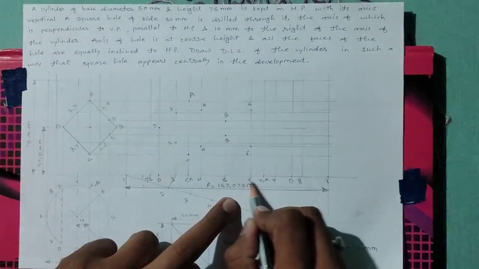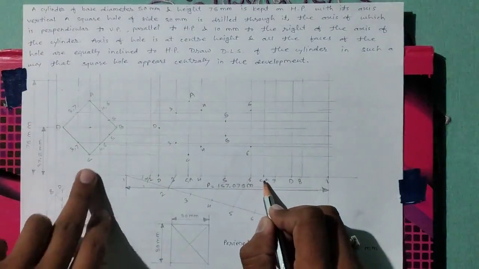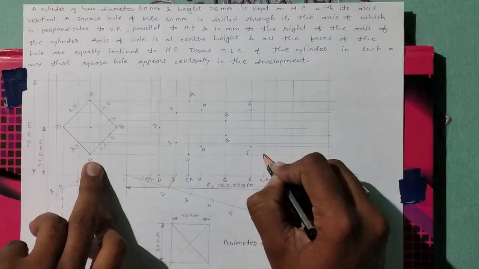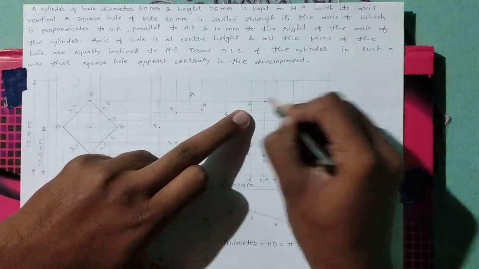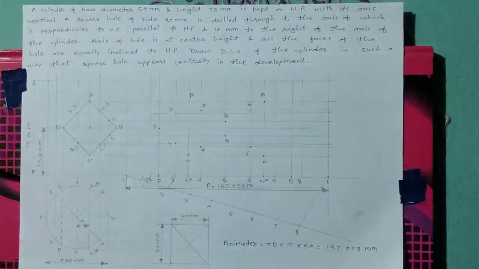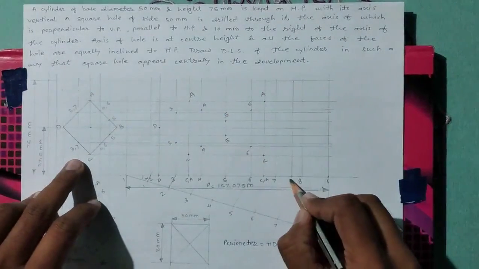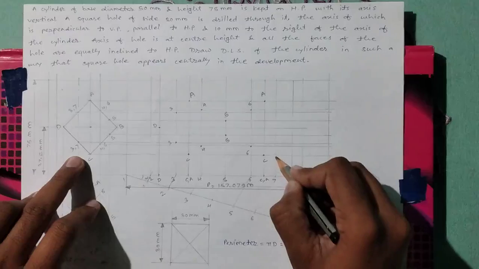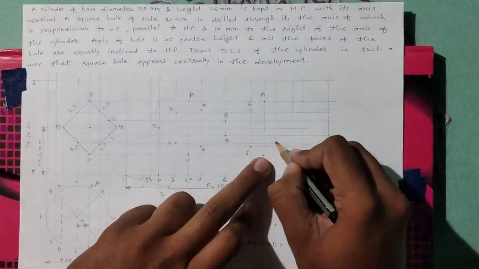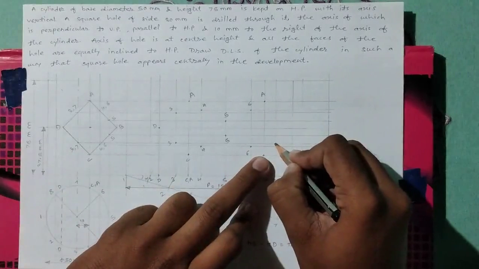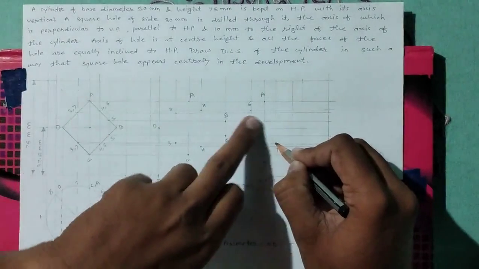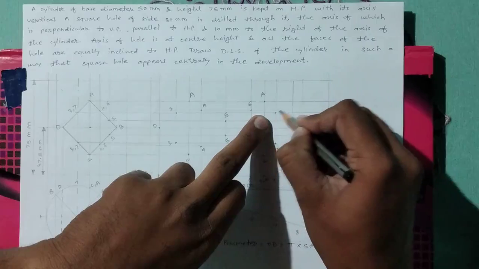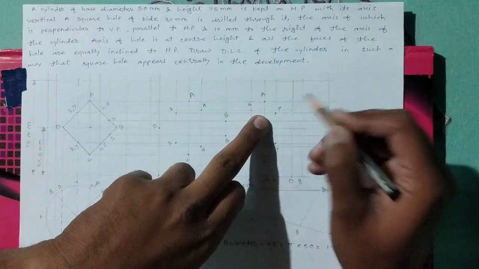After that, take the points C and A. Take the projection of C over here and name it C, and here is the projection of A, name it here as A. After that, take the projection of point 7, here is point 7 and here is point 7. Name it as 7.